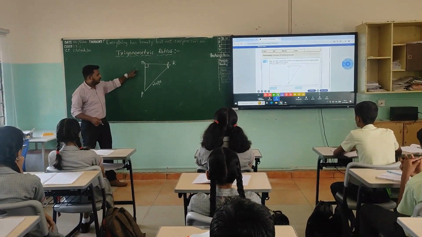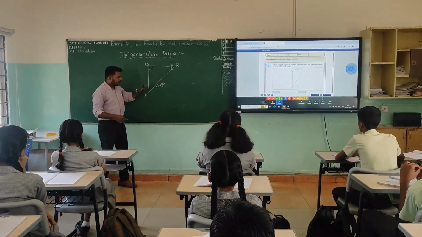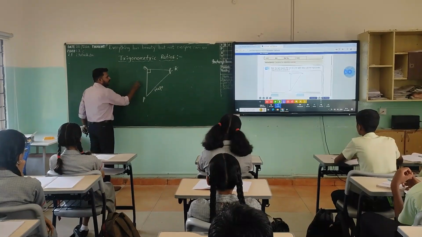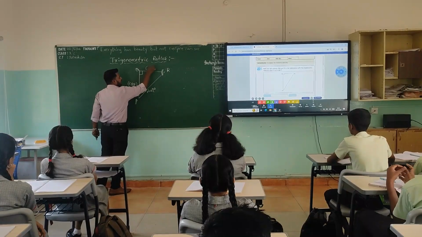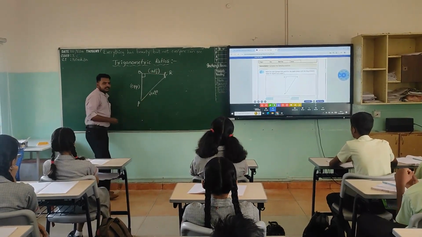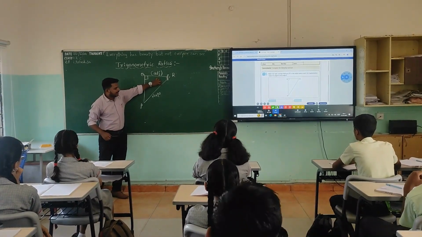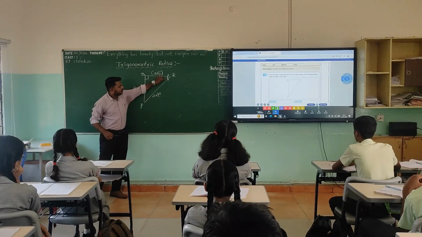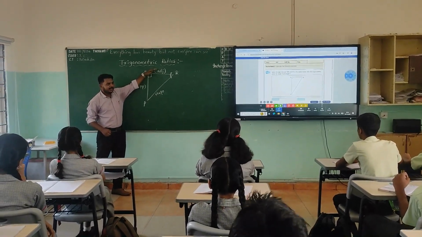The side opposite to angle R, we call the opposite, so PQ is the opposite and the remaining side is the adjacent side. Clear? So first always write the ratios based on the angle.